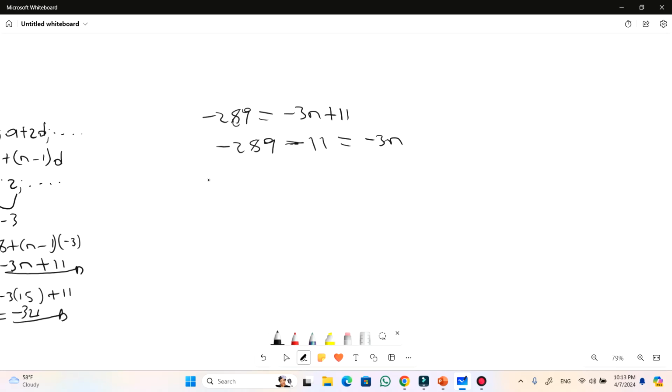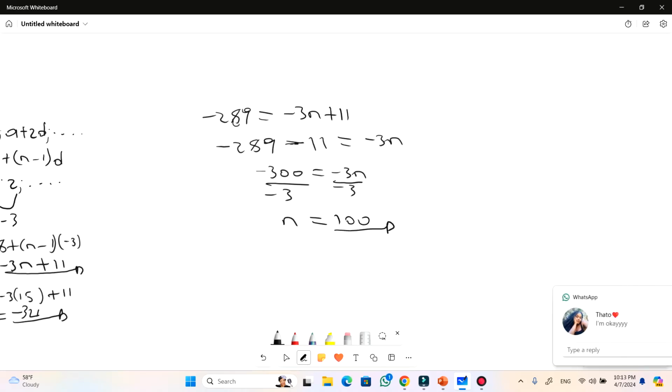What you also need to know here is that the value of n cannot be negative and cannot be a decimal number. It is going to be a whole number since it is a position, right? So here we divide both sides by negative 3, then our value of n is 100. So now we have answered the questions which were asked based on the sequence we were given.